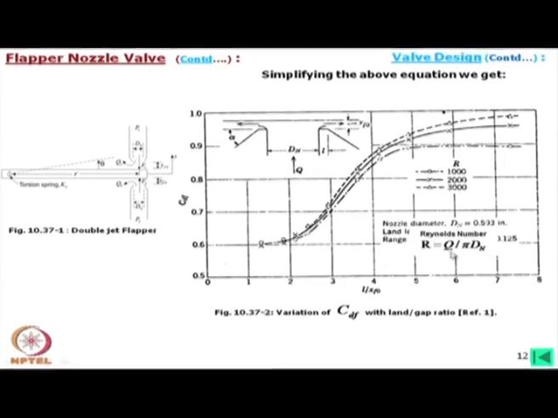And then the Reynolds numbers are say 1000, 2000 and 3000, and for that what we get, the coefficient of discharge is varying from 0.6 to almost 1, 0.9598, something like that, and it is more at large Reynolds number, that means the high velocity flow, and it is less with the lower Reynolds numbers.